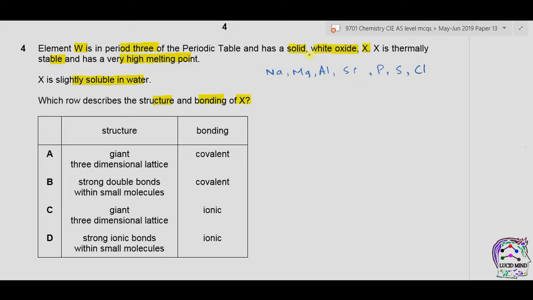Now in the question they have given that X forms solid white oxide which has very high melting point. So it means it is not phosphorus oxide, sulfur oxide, and chlorine does not form any oxides. Then we have aluminum oxide and silicon dioxide which are insoluble in water.